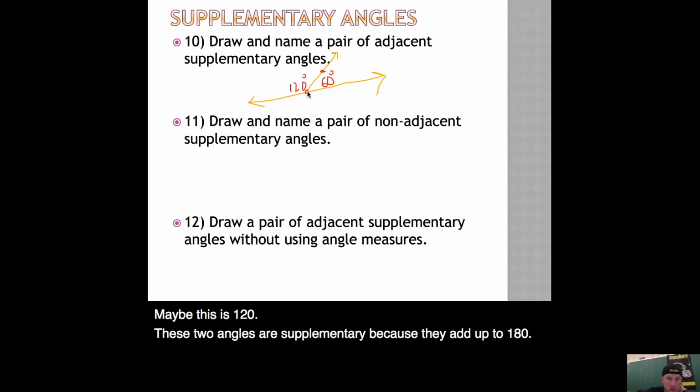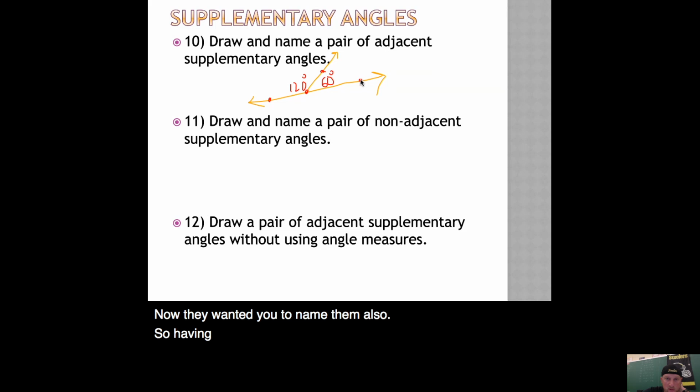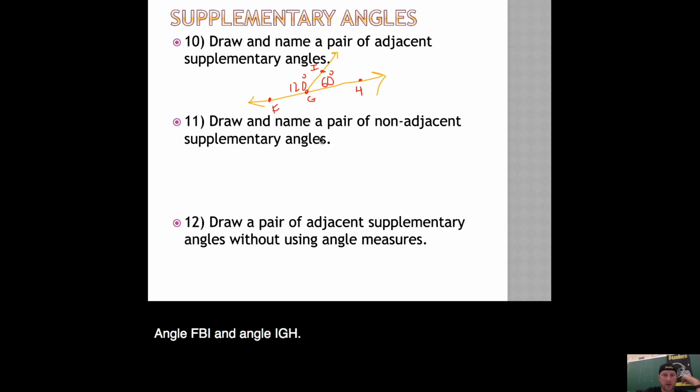Now, they wanted you to name them also, so having names for these points is important. Angle FGI and angle IGH are adjacent supplementary angles.